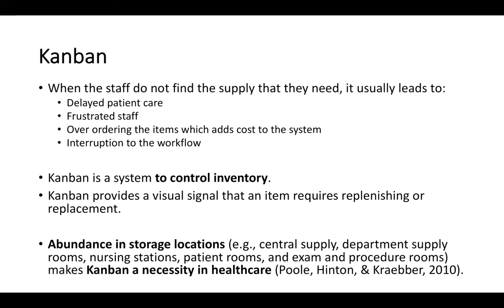And lastly, the lady that talked about the cost, I think that was interesting too, at least for me. In all of these scenarios, when a nurse or a staff member in the operating room needs a supply and the supply is not there, maybe we need to put in some urgent orders, maybe we need to pay higher costs to get those orders, maybe we need to do over-ordering and so forth.